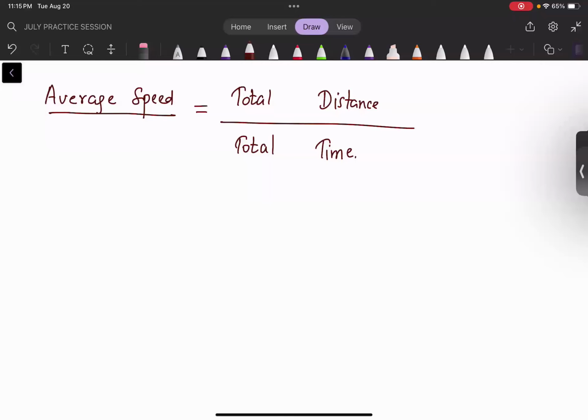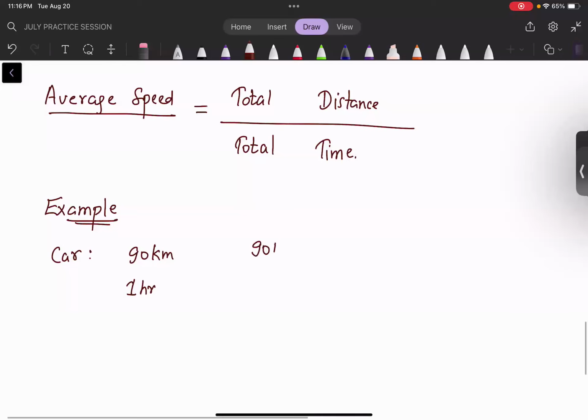Okay. Now, what I'm trying to say with this is, let's say one example scenario. You are going somewhere in a car. First 90 kilometers you have traveled in 1 hour. Next 90 kilometers you have traveled in 2 hours.